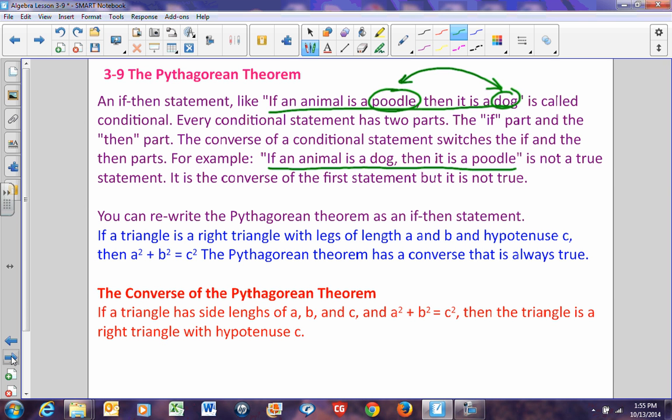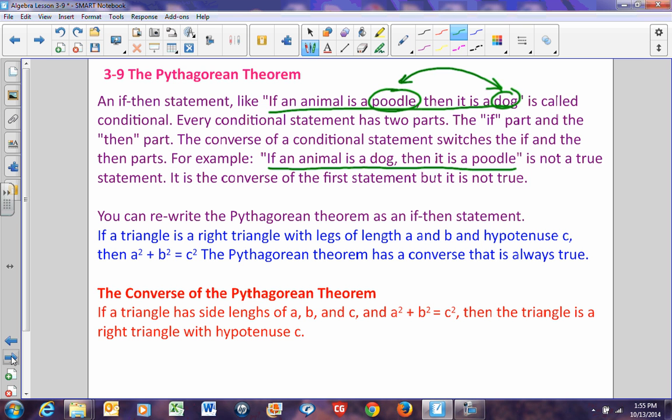But the Pythagorean theorem, however, does have a converse that is true. The Pythagorean theorem, written as an if-then statement, says if a triangle is a right triangle with legs of length A, B and hypotenuse C, then A squared plus B squared equals C squared.